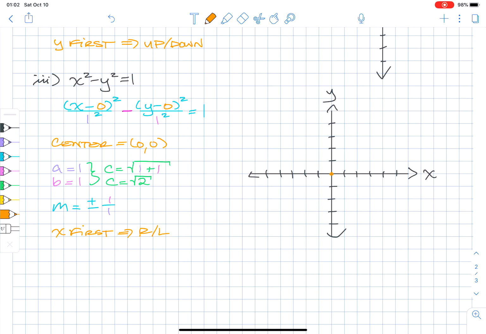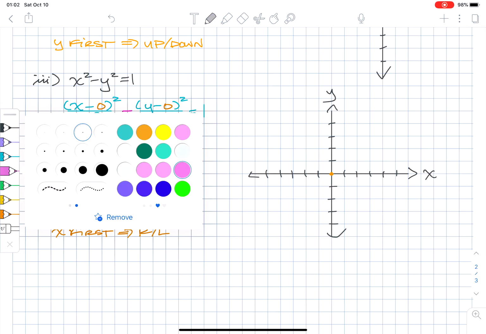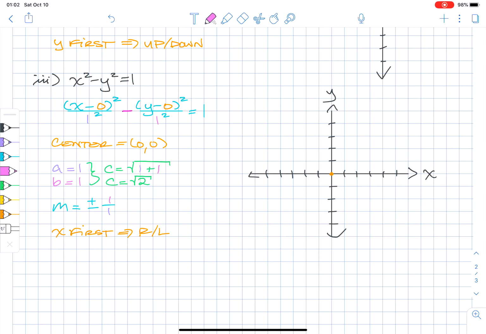Through that center I have two asymptotes. One with a slope of positive 1 over 1. One with the slope of negative 1 over 1. So here's the positive slope of 1 over 1. And here's the negative slope of 1 over 1. So these are our asymptotes.